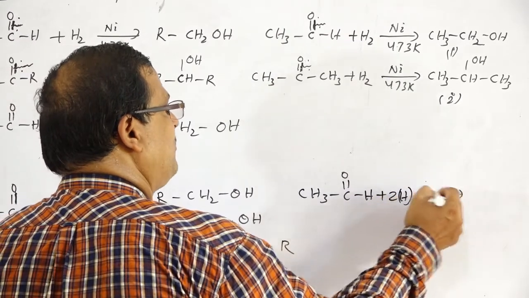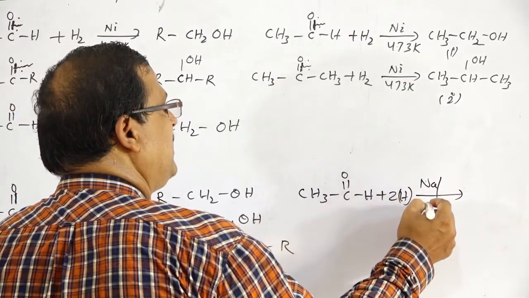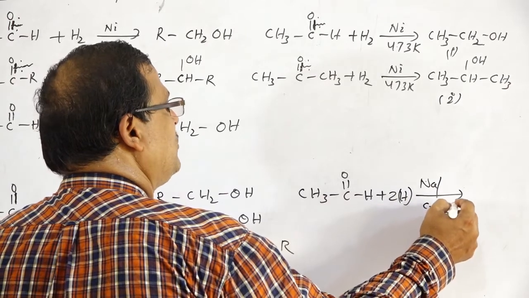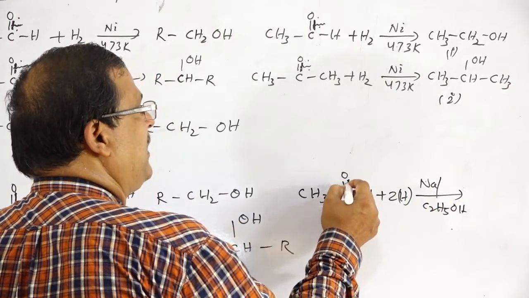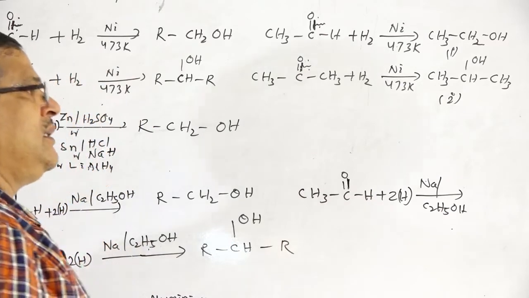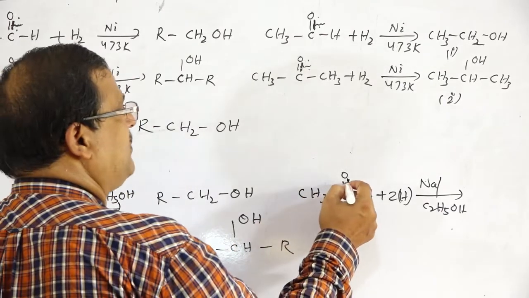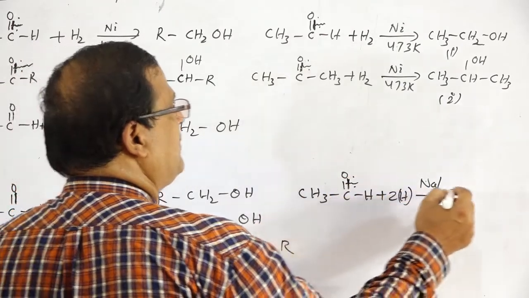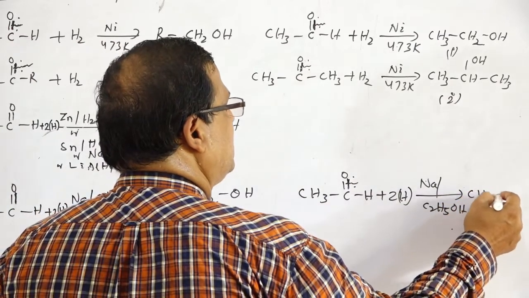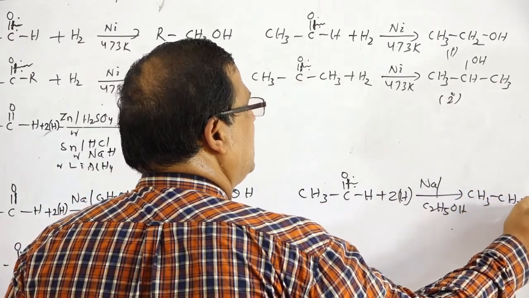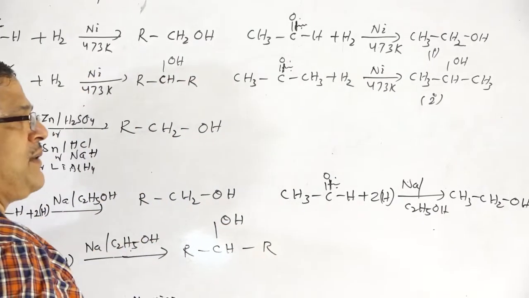This hydrogen comes from the reducing agent, sodium in ethyl alcohol. So the pi bond will break by the addition of hydrogen, with the formation of CH3CH2OH, ethyl alcohol, that is a primary alcohol.